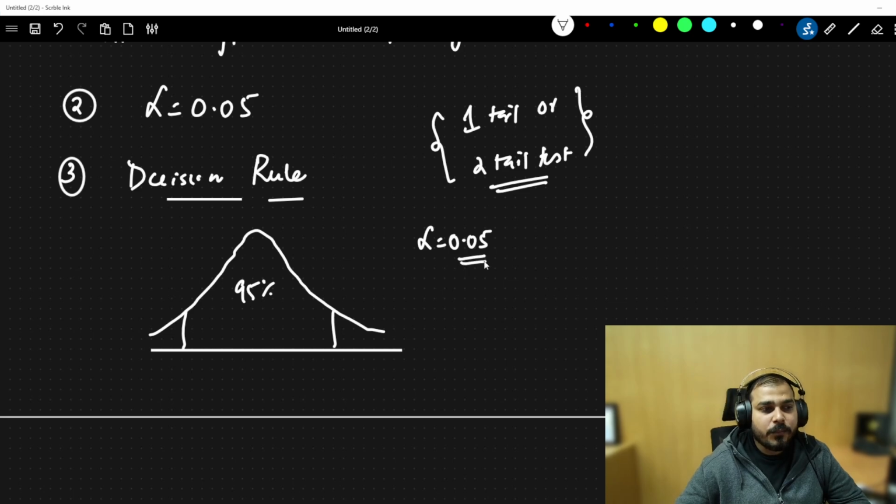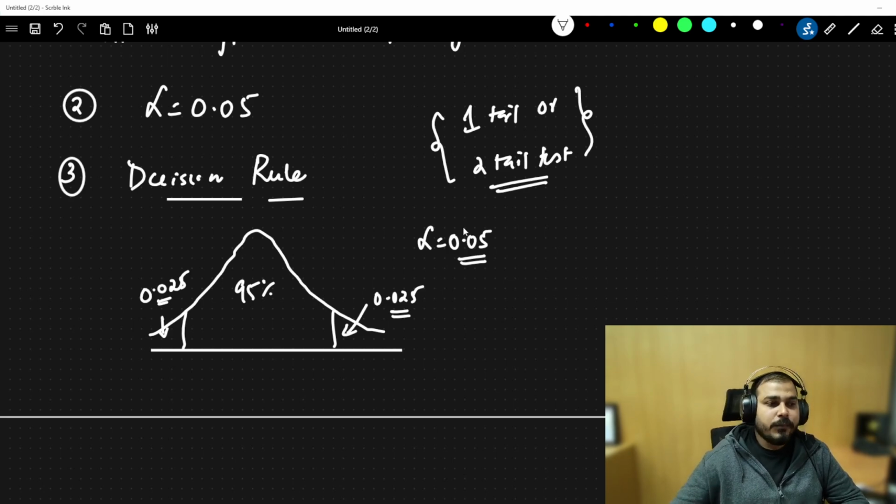The remaining is 0.05, so here you will get 0.025, and here also 0.025. Because this gets divided, both are symmetrical, right? Left and right regions are symmetrical.